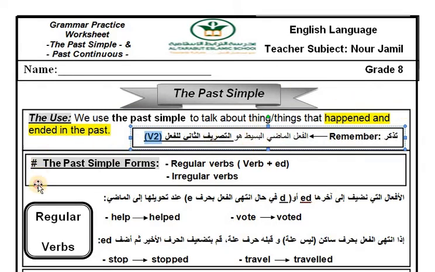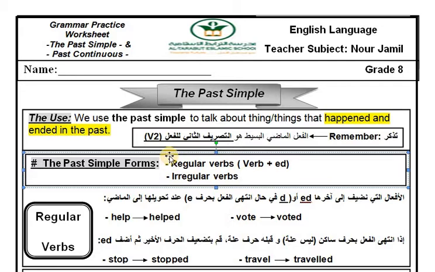Now look here. As you see, the past simple forms أشكال الماضي البسيط واللي بنقصده فعليا أشكال الverbs بالpast simple. الverbs ممكن يكونوا عنا regular verbs and irregular verbs.